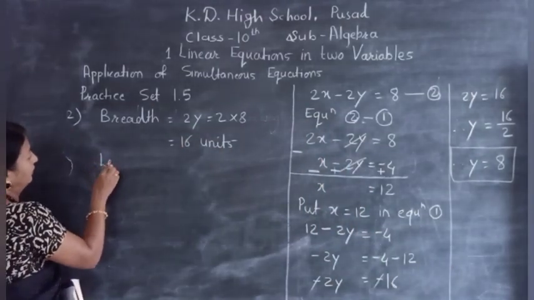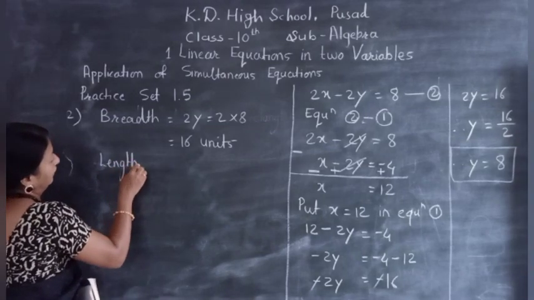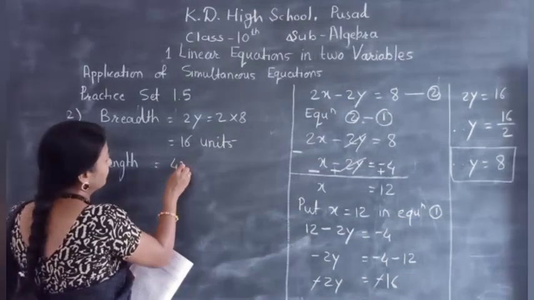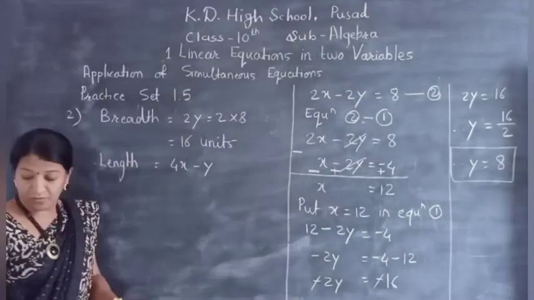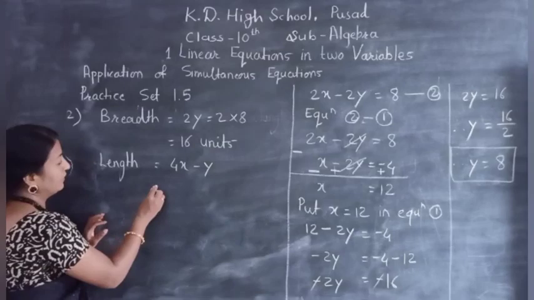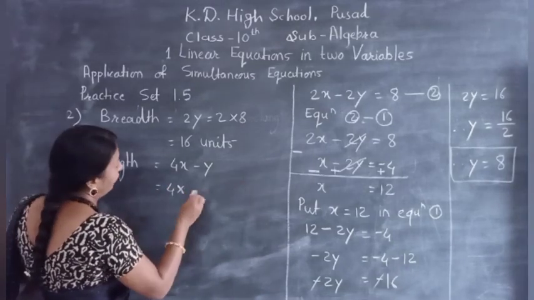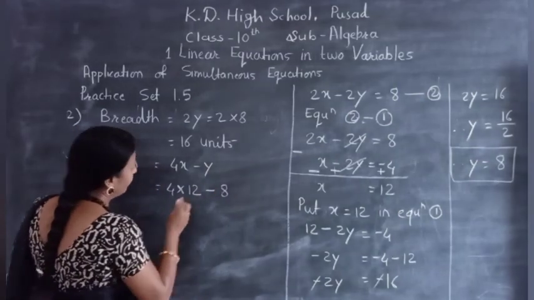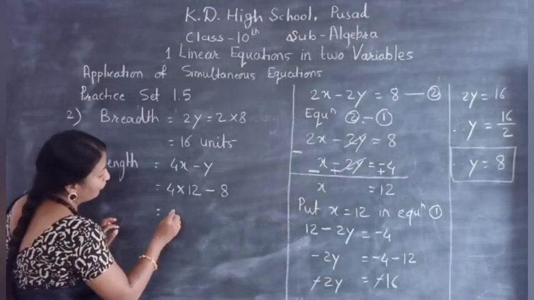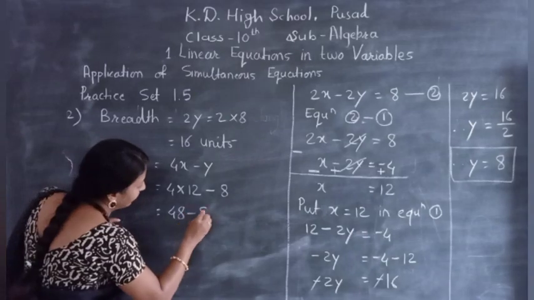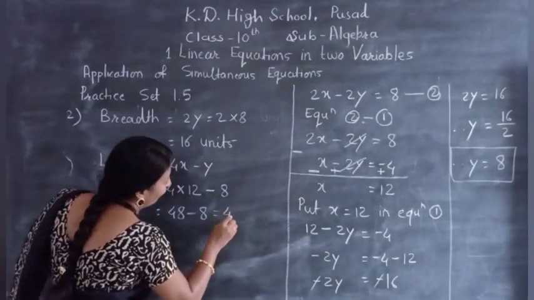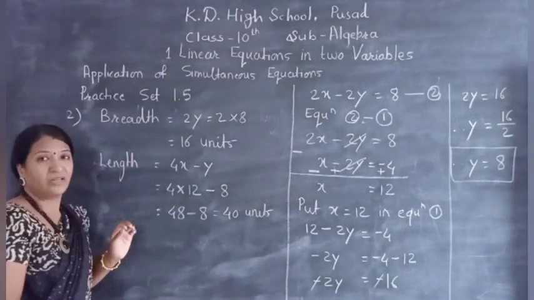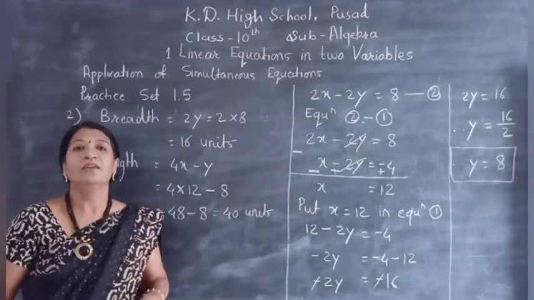Length is equal to, you can take any equation, 4x minus y. Now 4 into the value of x, which is 12, minus the value of y, which is 8. So 4 times 12 is 48 minus 8, that is equal to 40 units. As the unit is not mentioned here, we can write units only.